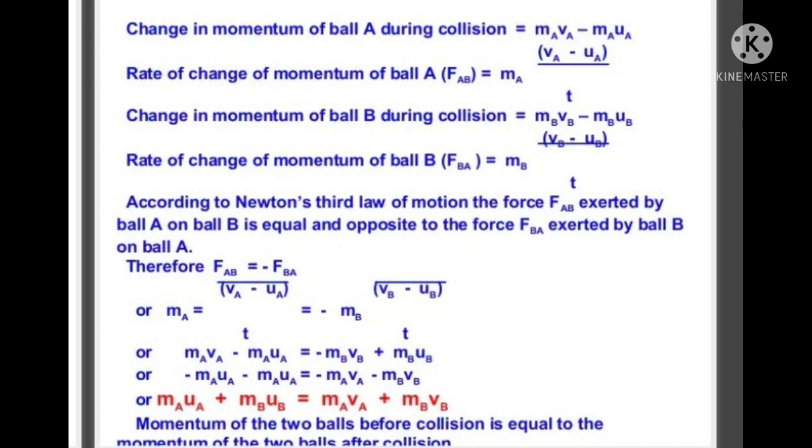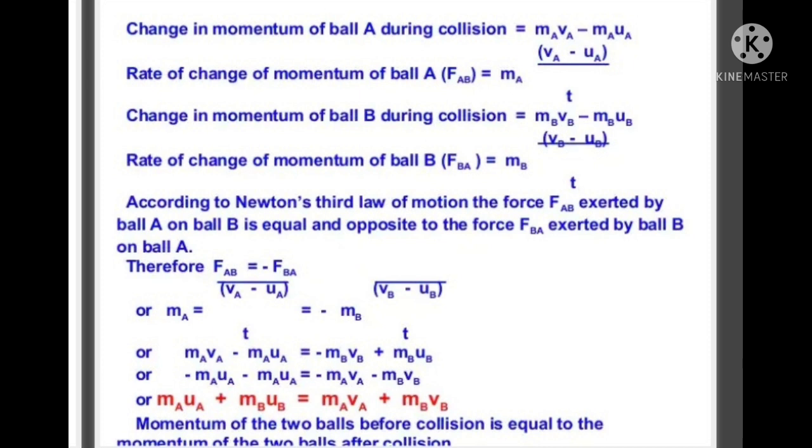Change in momentum of ball B during collision is equal to MB VB minus MB UB. Rate of change of momentum of ball B, FBA, is equal to MB (VB minus UB) by t.